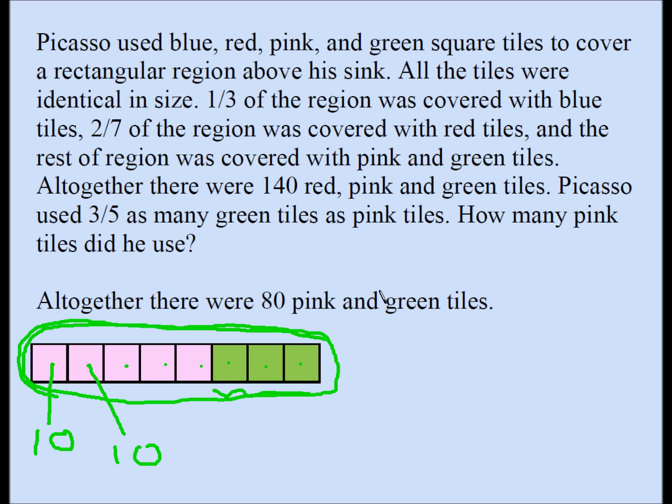And the question says, how many pink tiles are there? Well, 30 so far, 40 so far, 50. The answer is there are 50 pink tiles. That's my final answer.